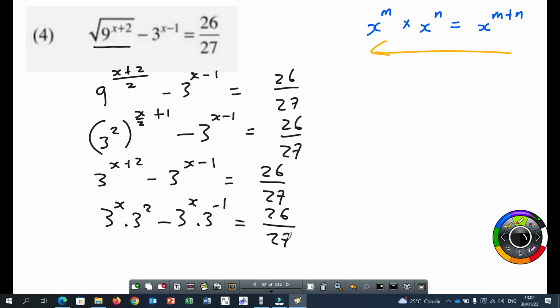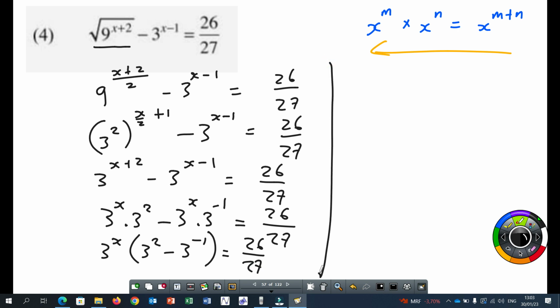So I'm here now. Then I'll take out the common factor. Right? Get 3 to the power of x times (3 squared minus 3 to the power of minus 1). This is equal to 26 over 27. Okay? Then, from here now, I can write this as 3 to the power of x times (9 minus 1 over 3).